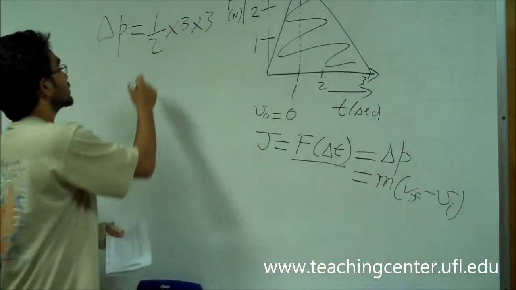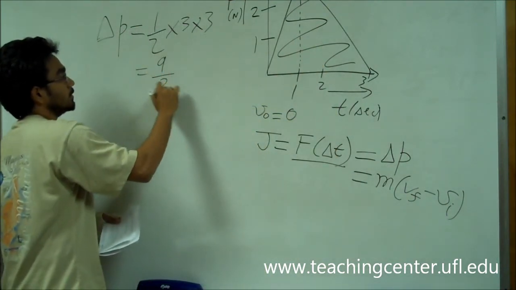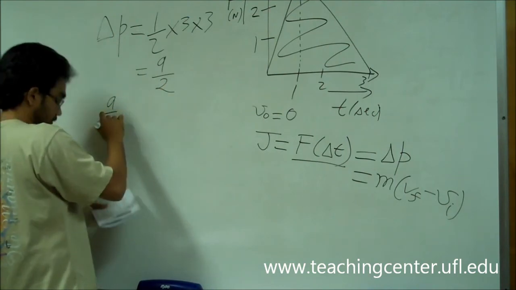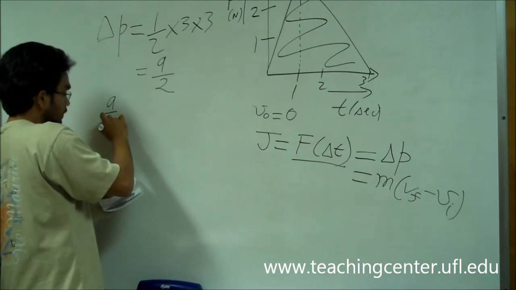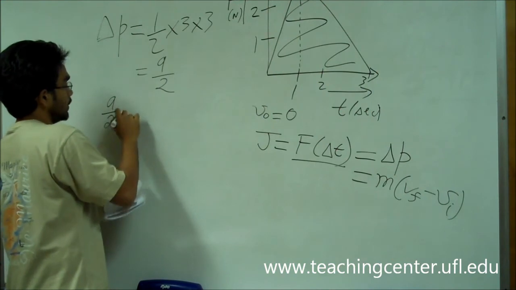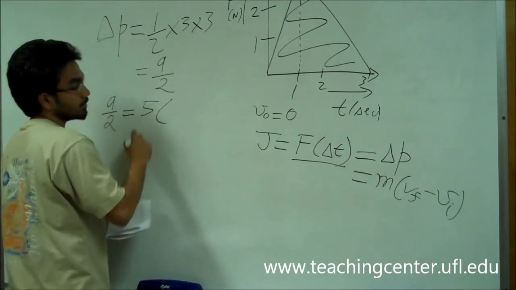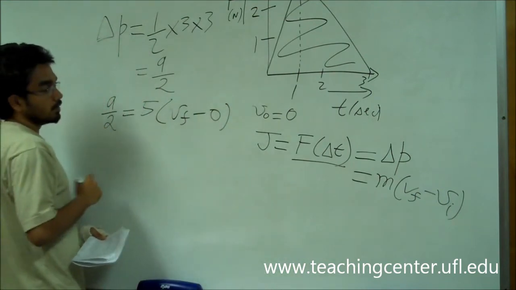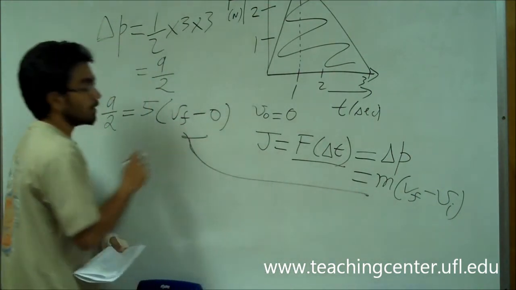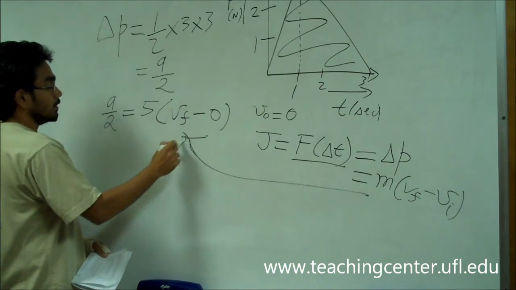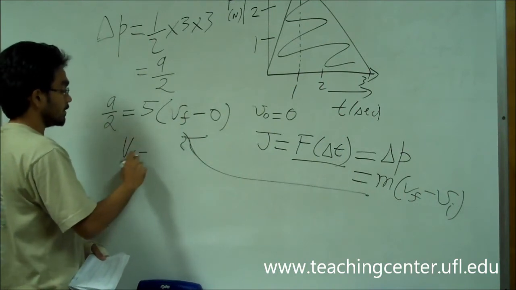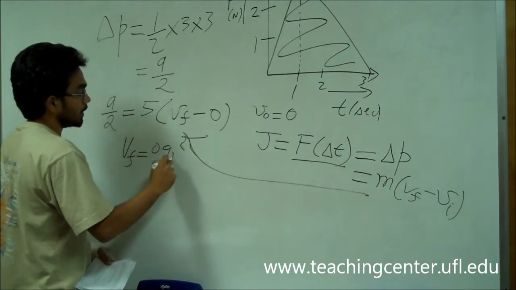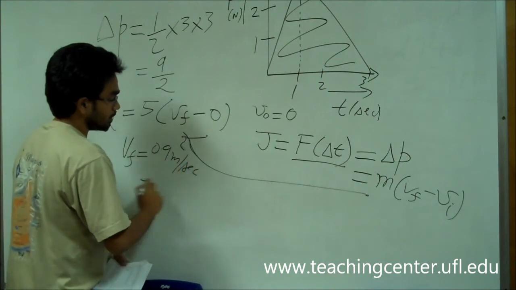Okay? So this will give us 9 by 2. So 9 by 2 is equal to 5 times Vf minus 0. We got that from there. Okay? Solving for Vf, we get final velocity is 0.9 meters per second.